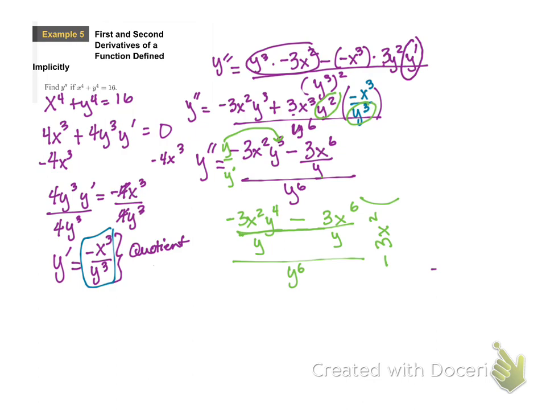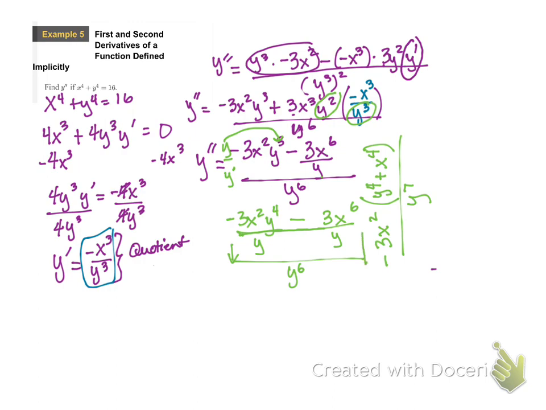Y to the 4th plus x to the 4th. If both of these are divided by y, I can send that y to the basement. So y to the 7th. Is there more simplification?